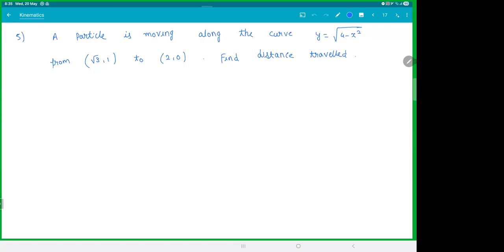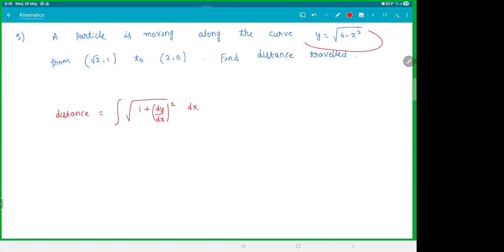So how do we do this? See, you have to use this. Distance is integral root over 1 plus (dy by dx) whole square into dx.